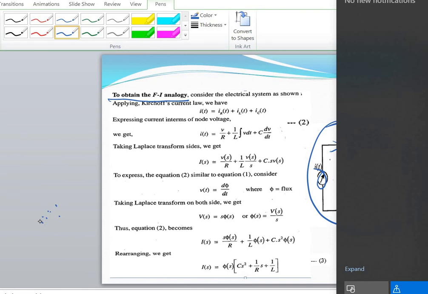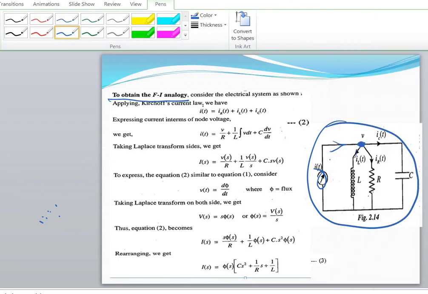In this circuit, the total current will be equal to the sum of the current through the resistance, the current through the inductance and the current through the capacitance. This is the basic equation.